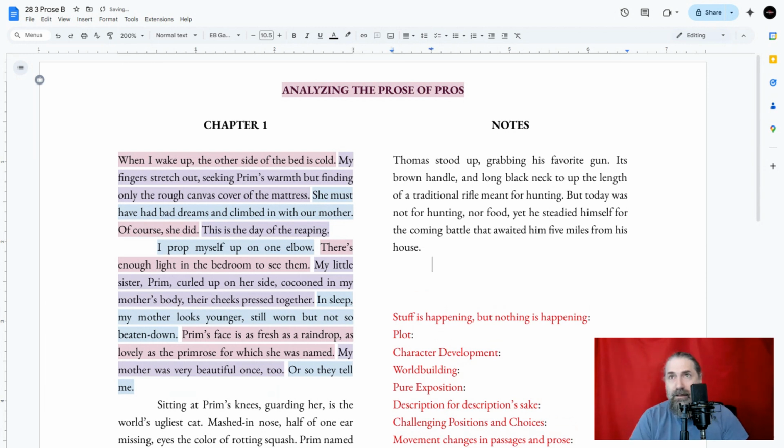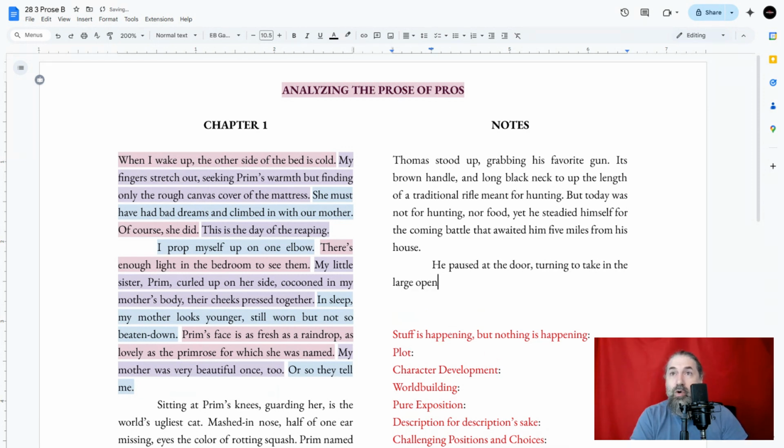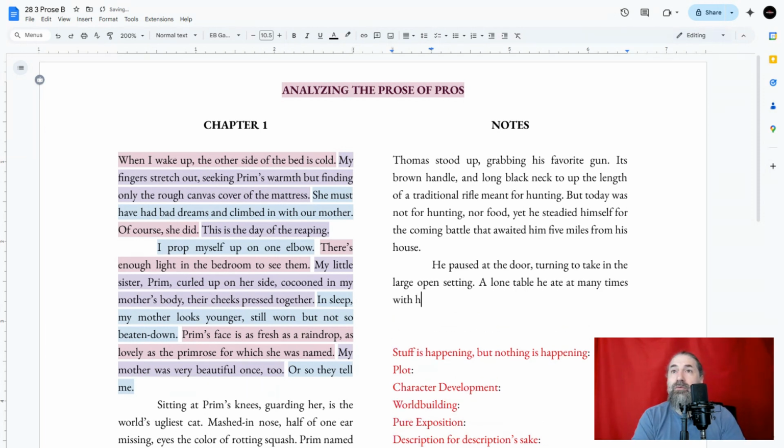All right. Let's see. He paused at the door. Okay, so now we know he's leaving. He paused at the door, turning to take in the large open setting. Now we have to describe the setting. A lone table he ate at many times with his now dead wife.